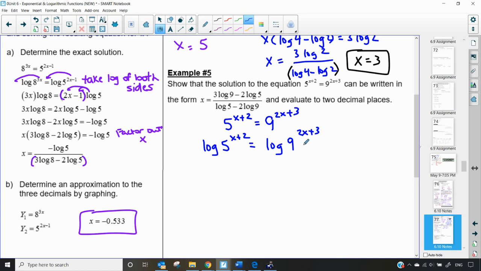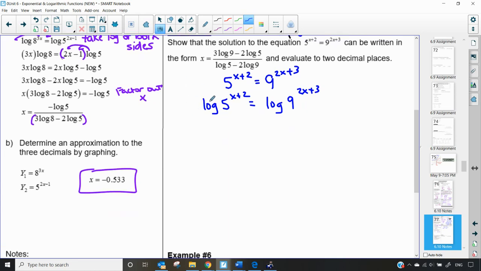Now, once you get quite comfortable with this, a lot of people will often skip this step and just go straight to the next step because we know that that exponent's coming forward. So (x plus 2) log 5 equals (2x plus 3) log 9. If you're comfortable with skipping that first step and going straight to the second step, that's fine by me as long as you're understanding the math behind it.